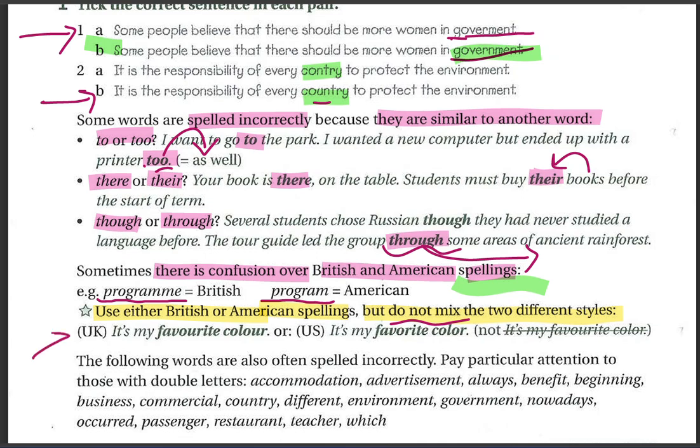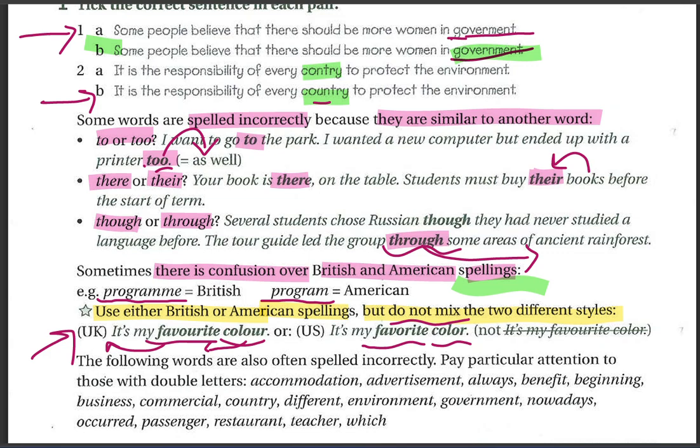So look at here, UK. It's my favourite colour, or it's my favorite color. So if you write favourite with U and it's British, after that use colour with British dictation too. Or if it's favorite American, use color without U as American dictation.